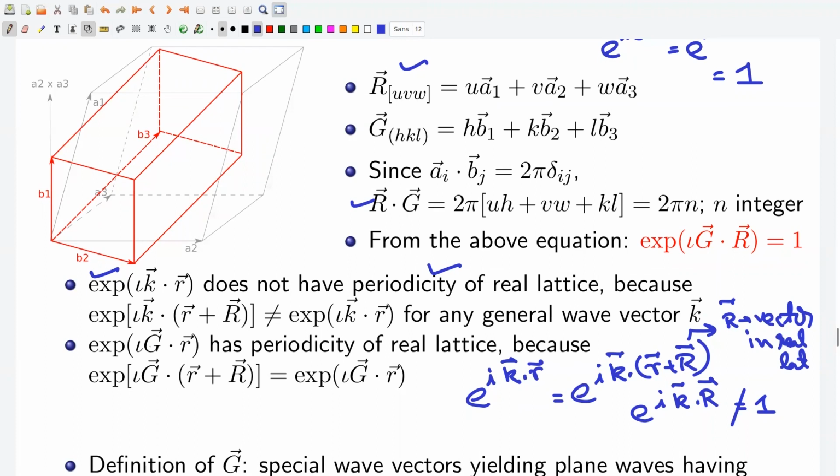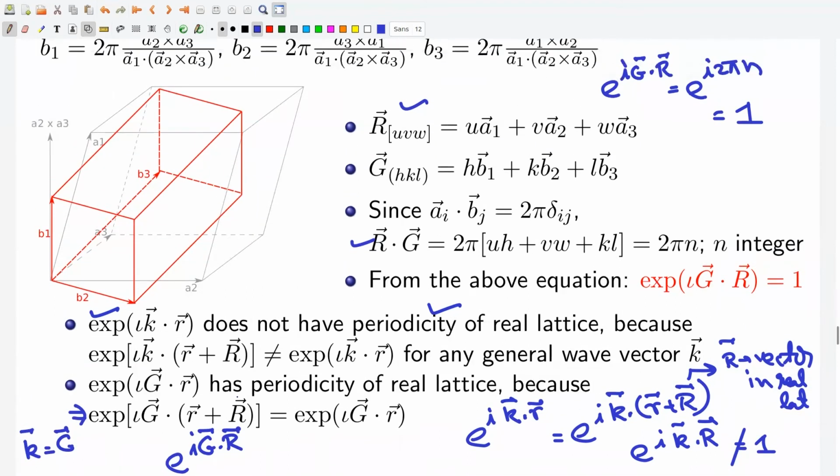However, now if I take the wave vector to be capital G, let us see what happens. We know that G is some wave vector, so if we take k equal to G, then we need to satisfy this equation. And we see that this equation is satisfied because we have just derived that e to the power i G dot R is equal to 1.